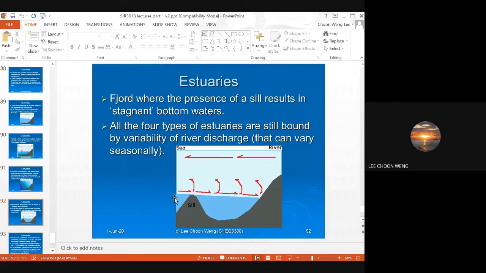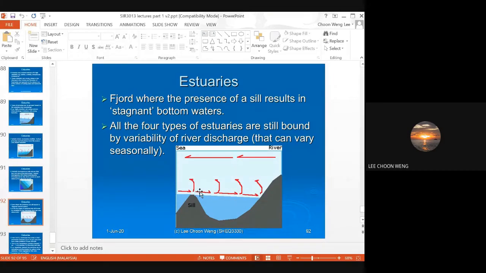This geomorphological structure forms because of the action of the glacier. The glacier carved out this part and then it stopped here. Over time the glacier melted and you have the bedrock remaining.